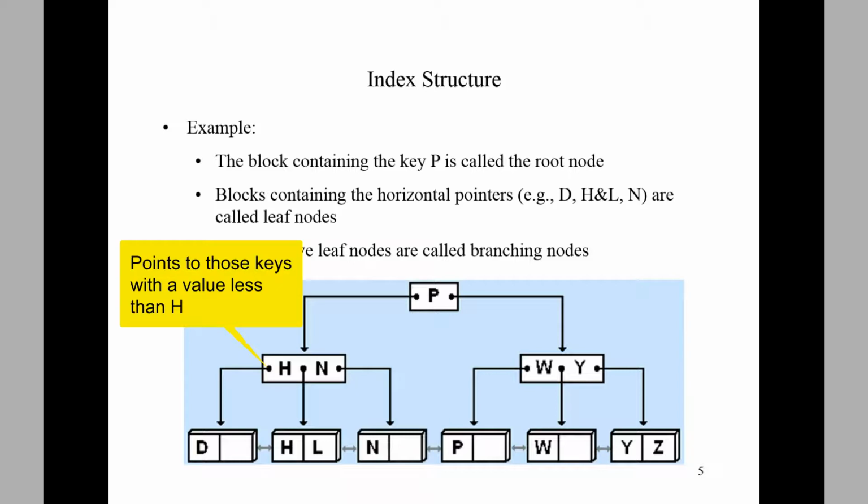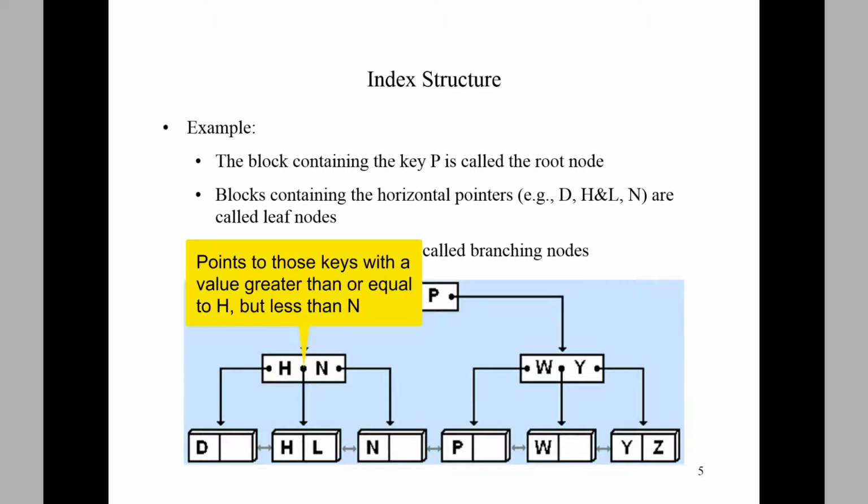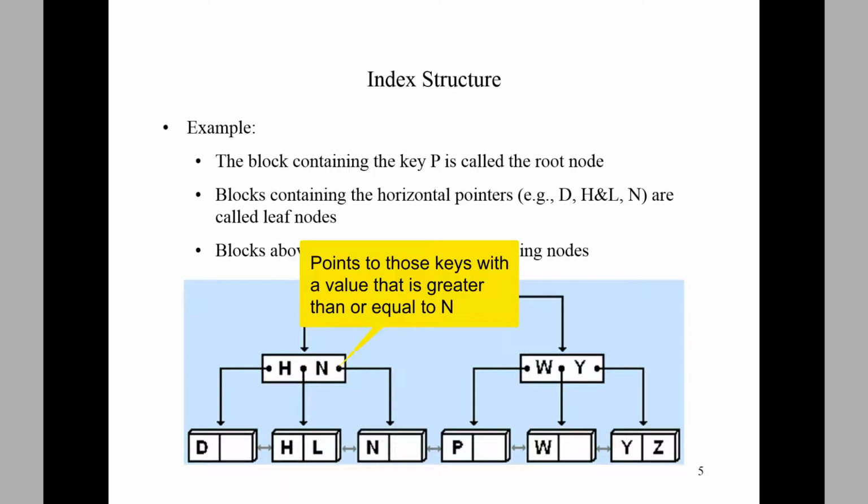The leftmost pointer identifies the path to follow, moving from top to bottom, going downward toward the leaf nodes, when the value that we're searching for is less than H. The middle pointer identifies the path to follow once we've reached this branch node for values that are greater than or equal to H, but less than N. And finally, the rightmost pointer would identify the path for values which are greater than or equal to N.